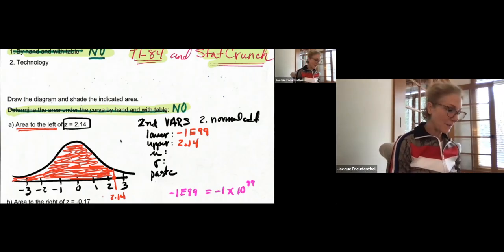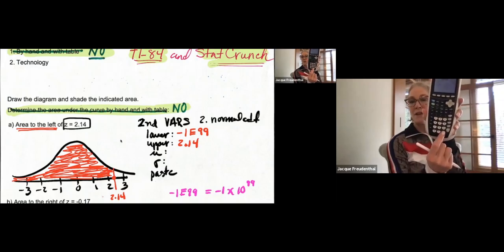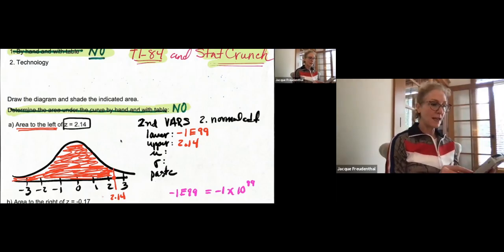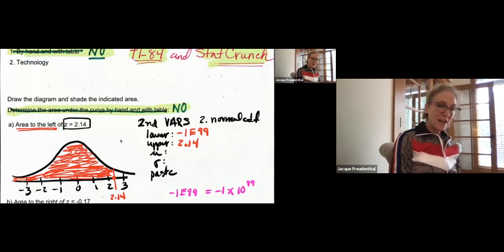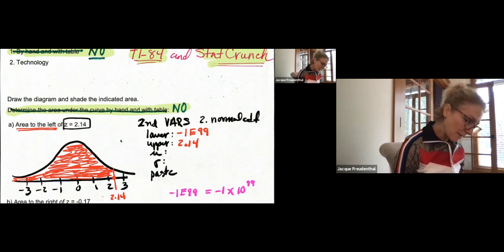Okay, how do I get that on my calculator? I put in my negative sign. Make sure that you're putting in negative, not subtraction. So type in your negative and then a 1. Now the way you get the E is you go to second comma. So this E right here, you hit your second button and then the comma button. Right above it has like two E's on it.